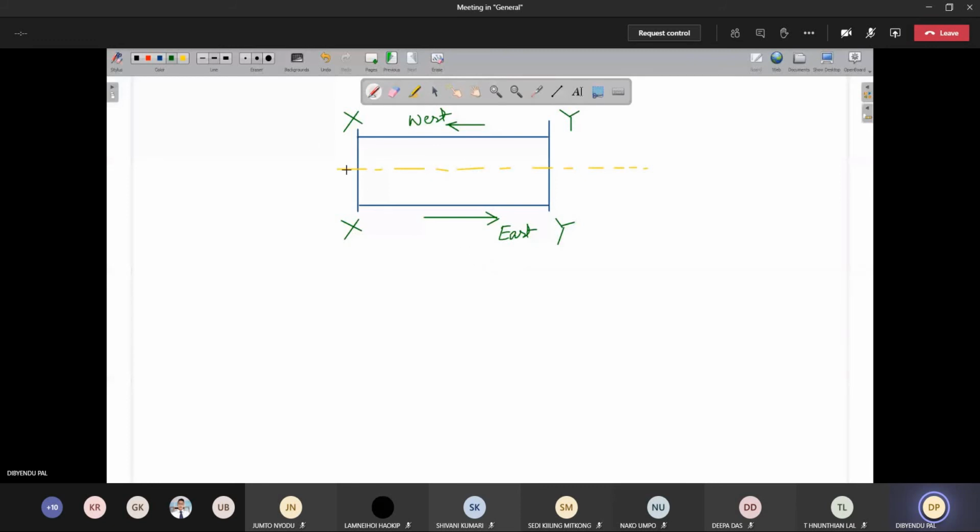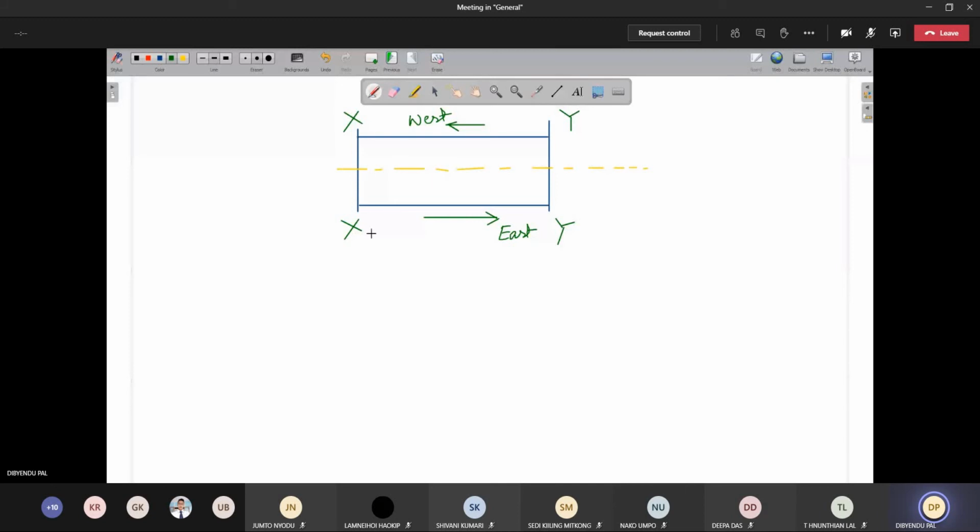Okay, so this is the median. So this is one road and this is another road. This is the west direction and this is the east direction. Let us say this is a road section, and I have taken two locations.